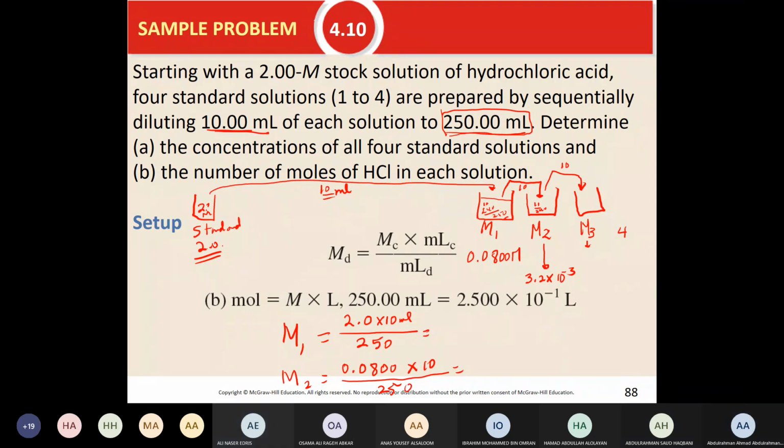Give me an answer. 1.28 times 10 to the power minus 4. Right, exactly. I did the same thing with 4. What will be M4 in this case? M3 multiplied by 10 over 250. Give me an answer.